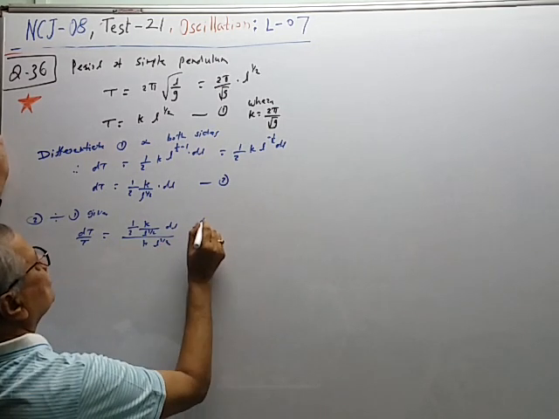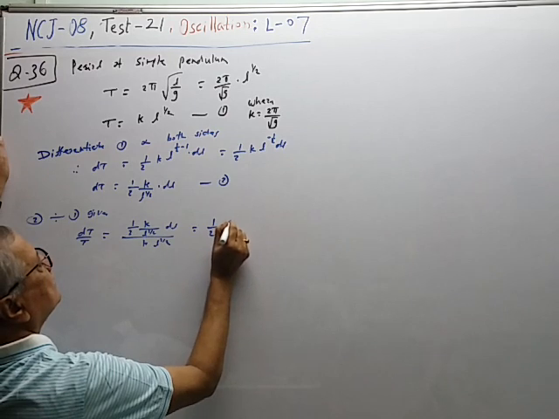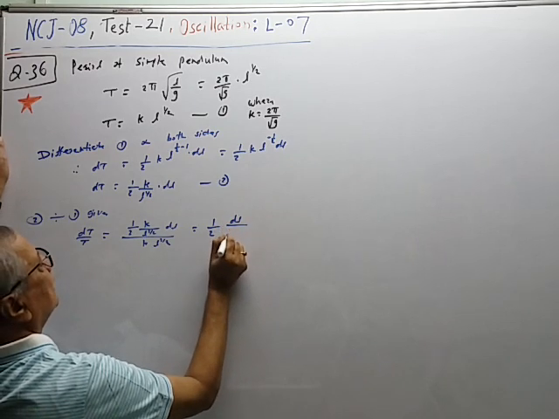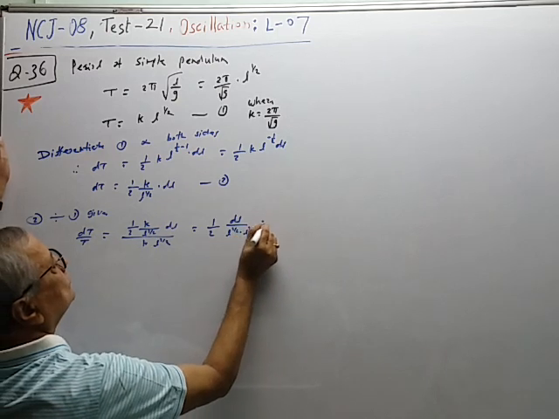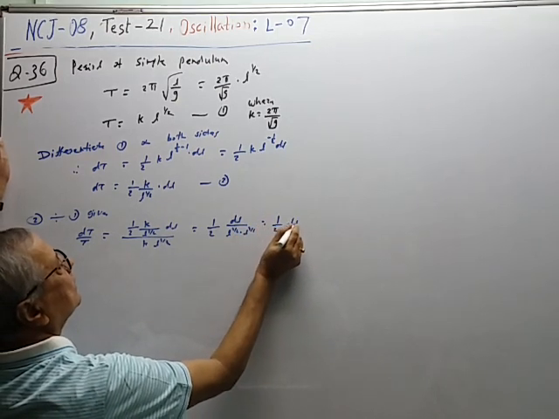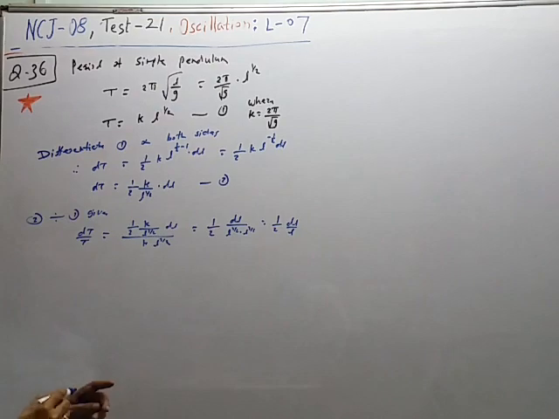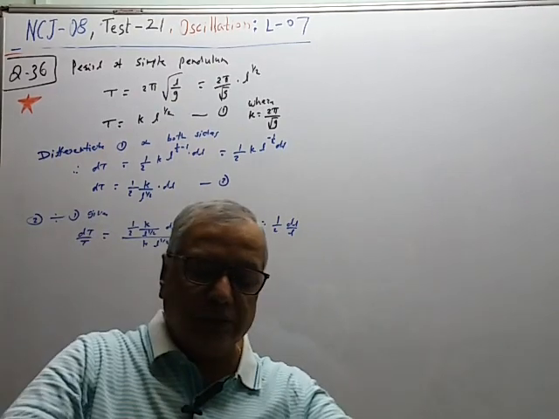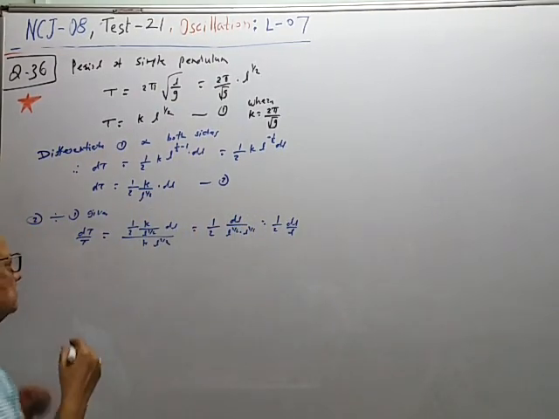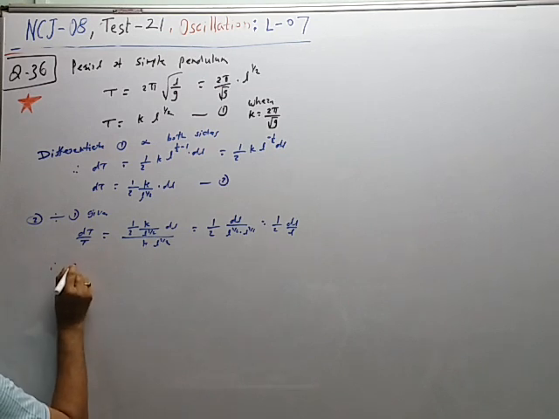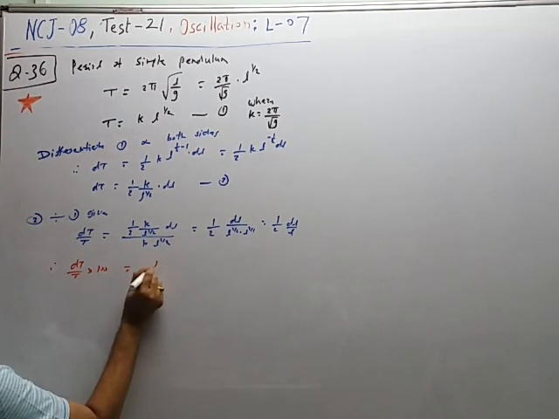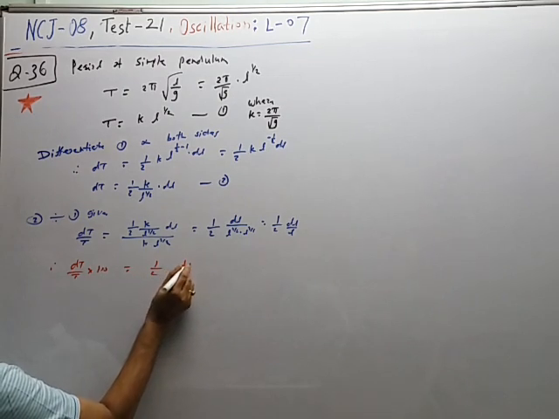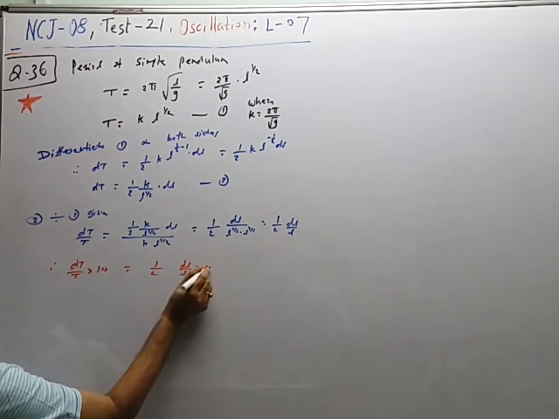So this is equal to 1 half, K cancels, so dL upon L raised to 1 half into L raised to 1 half. So this is equal to 1 half dL upon L. So this relation we can use directly. Therefore dT upon T multiplied by 100 is equal to 1 half dL upon L multiplied by 100.